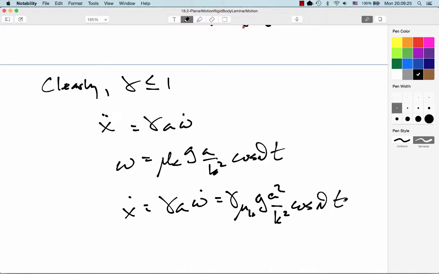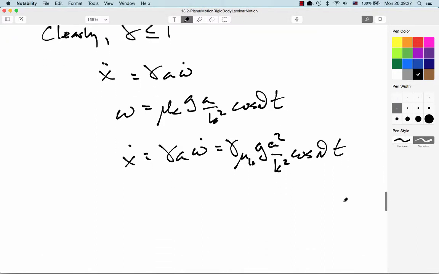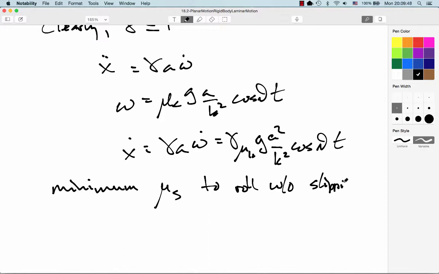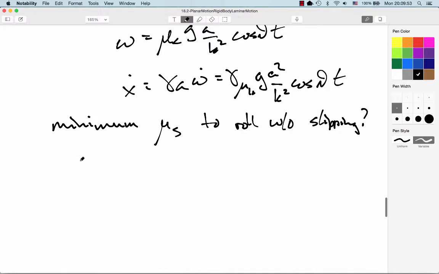Alright, so anyway, with all of that, we're just taking the result from before. With all that, we can then ask, what is the minimum mu s to roll without slipping? Well, that would be requiring that gamma equal 1.